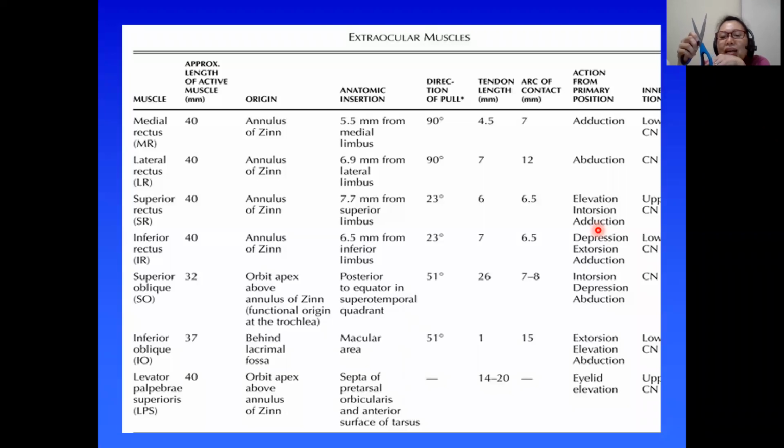Now, the torsional movements are the primary action of your oblique muscles.